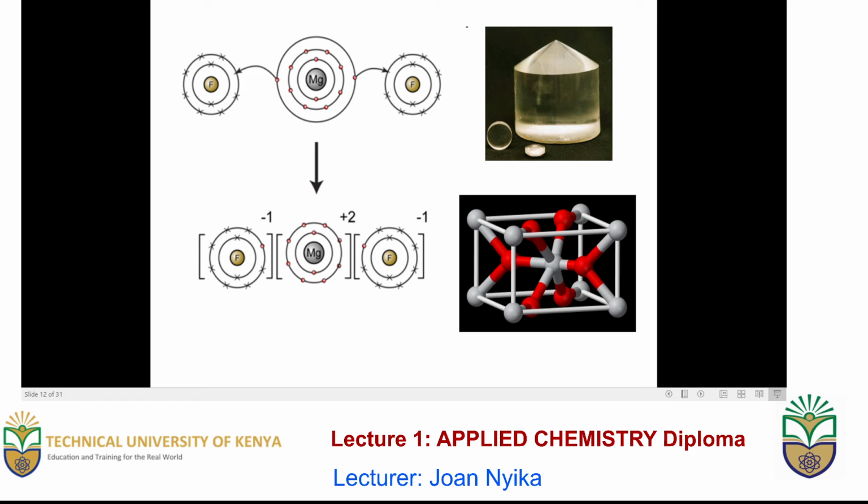Therefore, for a reaction to occur, magnesium must react to form a salt using 2 atoms of fluorine. That is, to one of the fluorines, it will lose 1 of its valence electrons, and to the other, it will lose the other remaining valence electron to form what we are calling magnesium fluoride, a kind of salt.